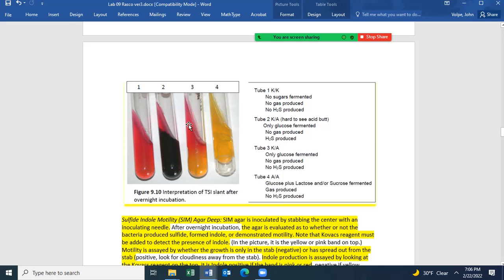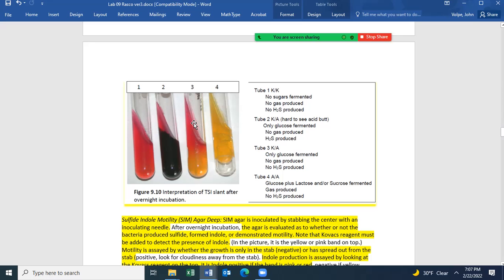And that ammonia is basic, and that will remove the yellow color and then turn it reddish. That's simply because glucose is only at 0.1%. And so it gets used up on the slant, and then you'll lose the yellow color and it will revert back to red or reddish.